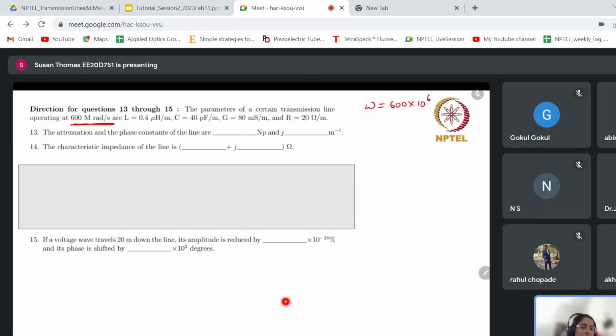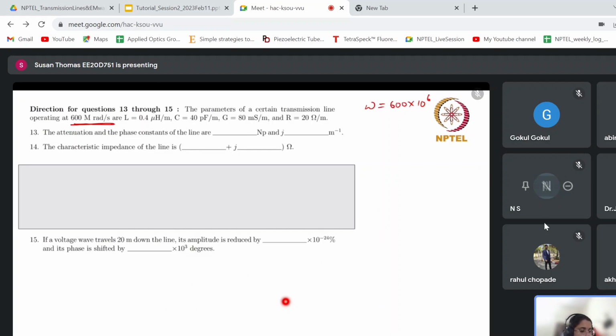So all these values are given to us, and the indication that R and G are present. Is it a lossless transmission line or is it a lossy transmission line? Lossy. Yeah, it's a lossy transmission line, right?